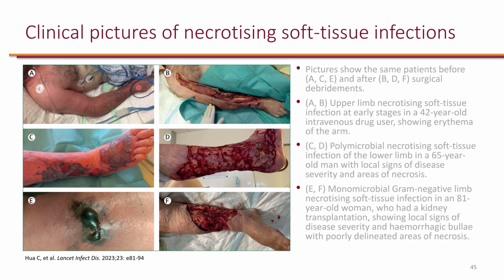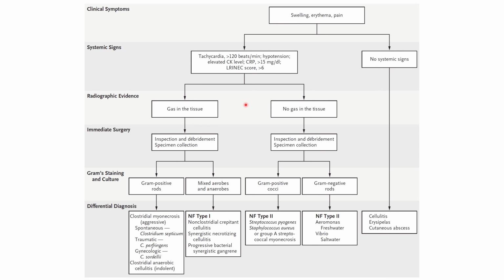So you can't really see immediately how severe it is until surgical evaluation. And of course, the end result is that once they have removed necrotic tissue and managed the source of infection, this is the final result, which is extremely severe.